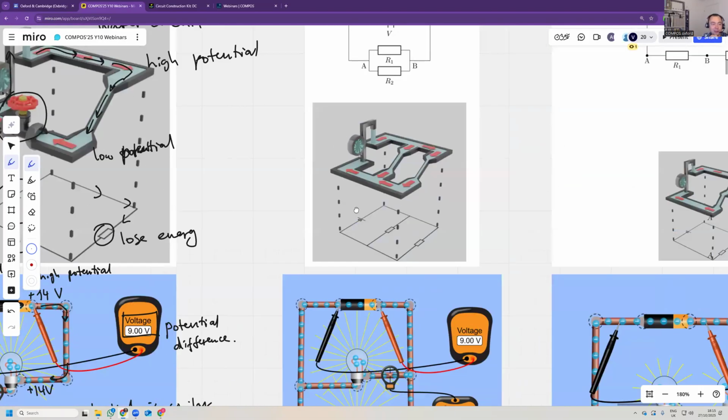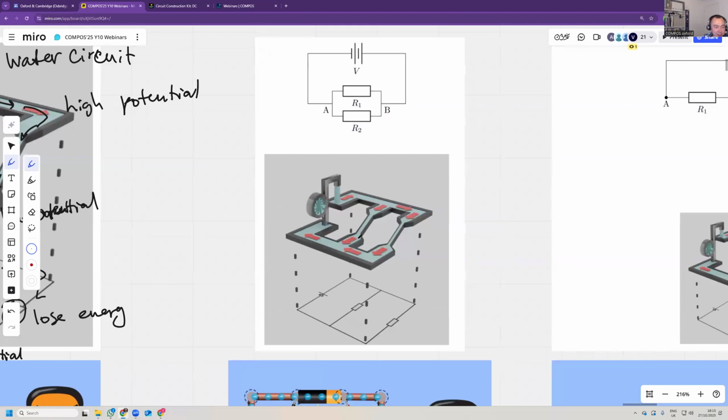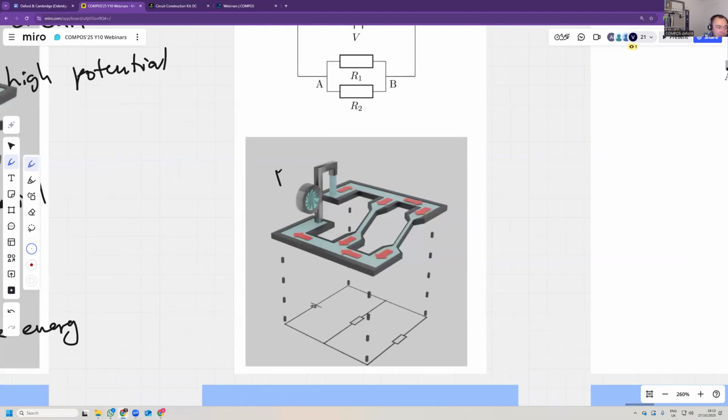Let's look at a parallel circuit. In a parallel circuit, you have a pump. It pumps the water to a high potential. Let's say it's, don't know, 12 meters above the ground, whatever that is. And this is low potential, let's say it is 3 meters above the ground.